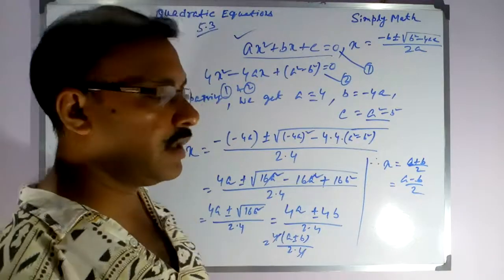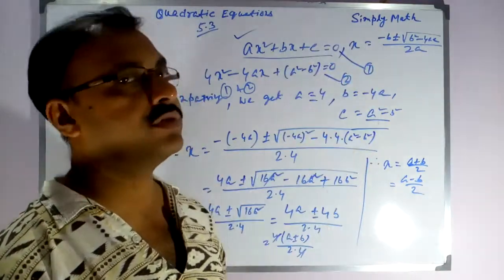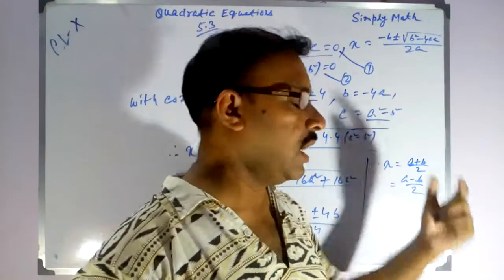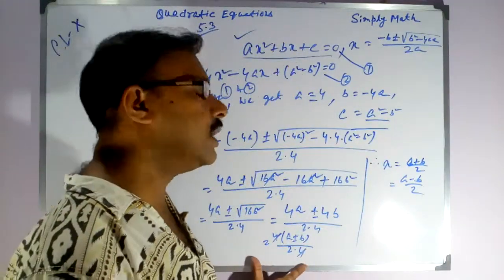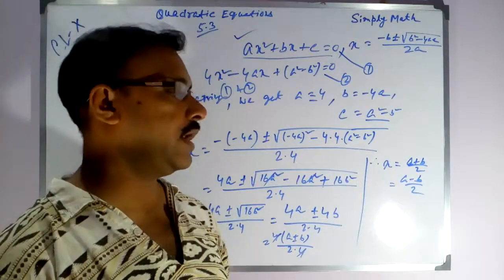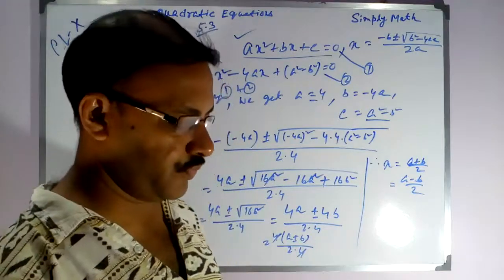And then you will get the result. Just put the value of this with this formula and we will get the result. x is equal to a plus b by 2 and x is equal to a minus b by 2.